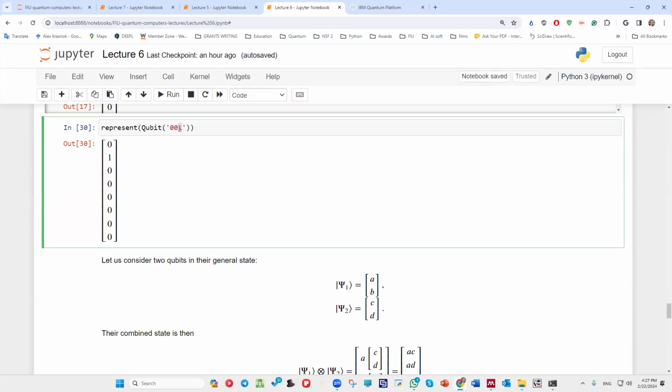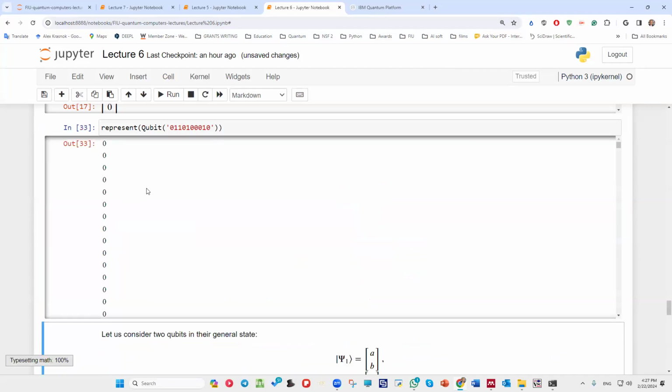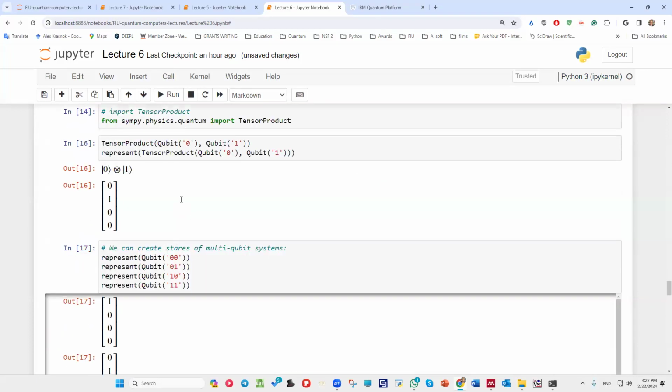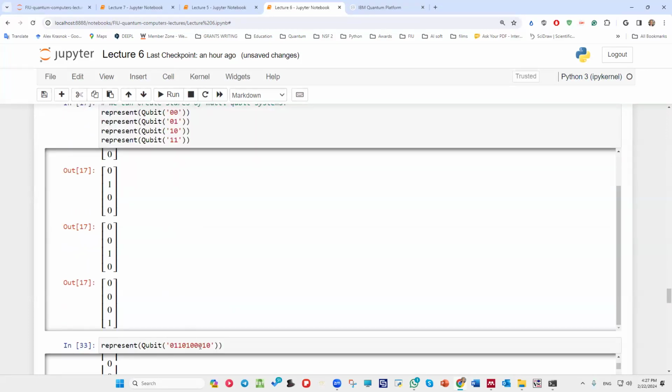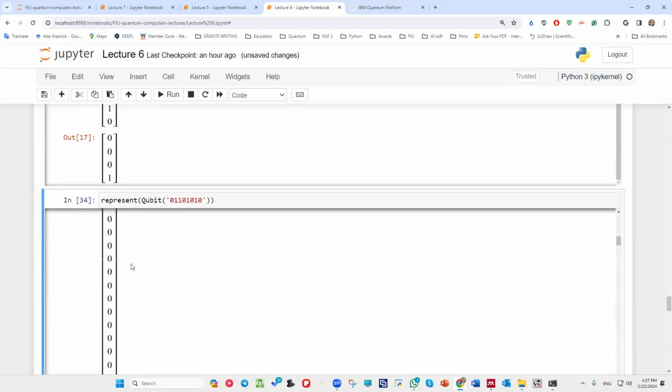Then the state 3 is given by 010. The next one is 011, and so on. So all these states represent a vector with all zeros except for just one unit somewhere.